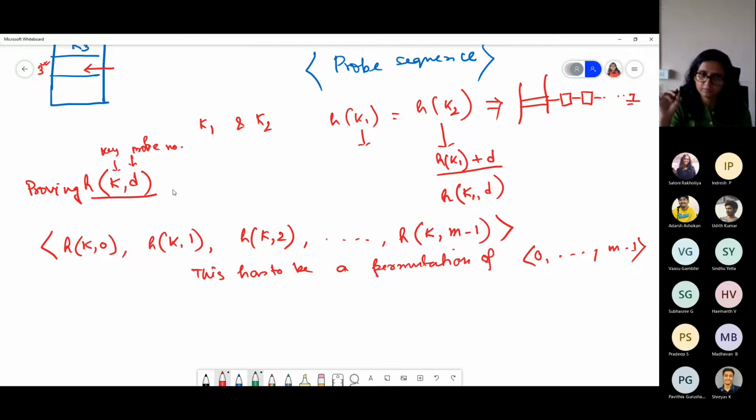Got it? If you give a different number, you should get different slots. So to ensure that, this probe sequence h of k comma 0, h of k comma 1, h of k comma 2, has to be a permutation of 0 to m minus 1. That is, any kind of ordering of the slots.